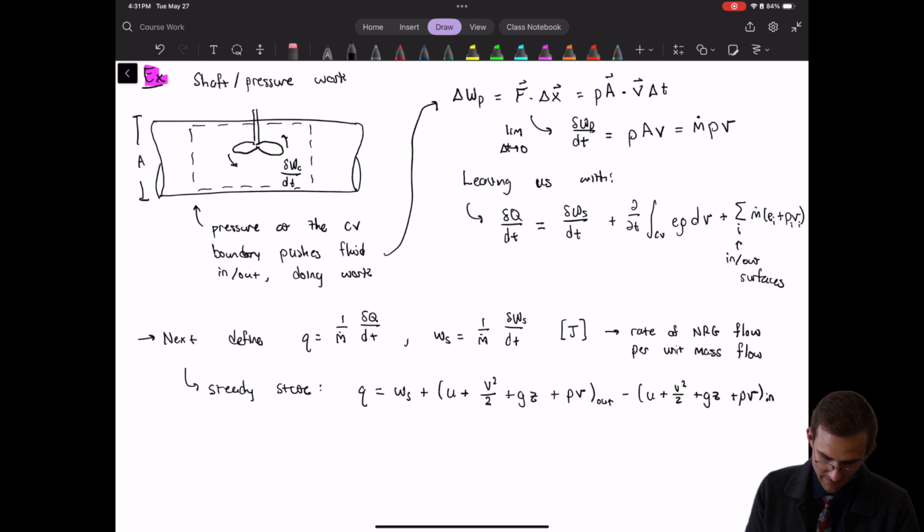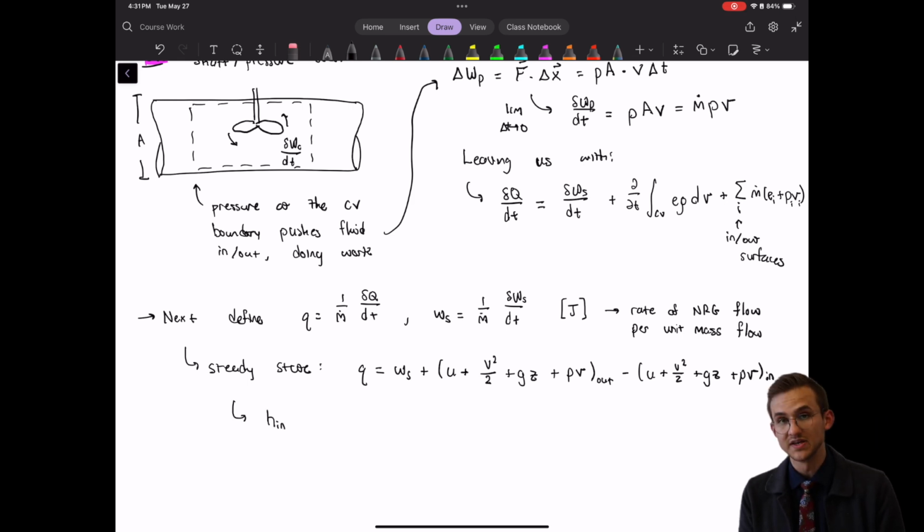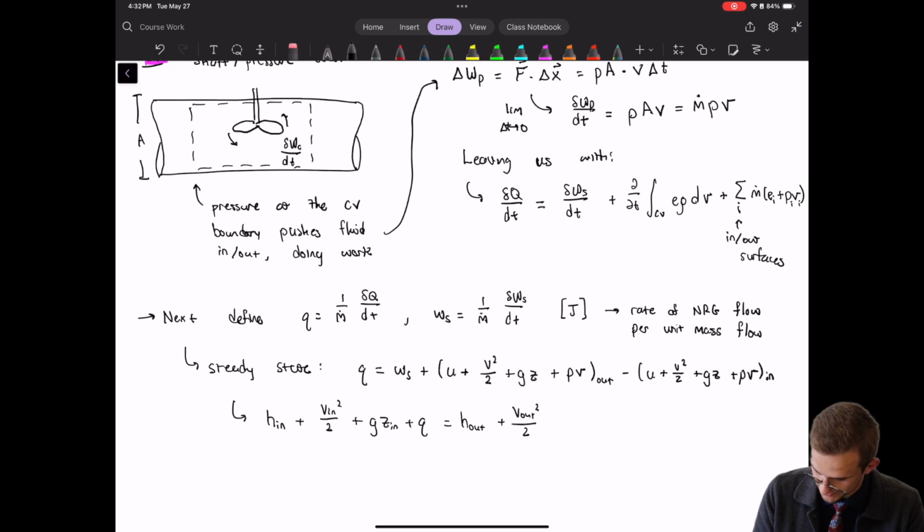Okay, and then we can replace u plus Pv with the enthalpy. We can write this as h in plus V in squared over 2 plus g z in plus q is equal to h out plus V out squared over 2 plus g z out plus ws shaft work.